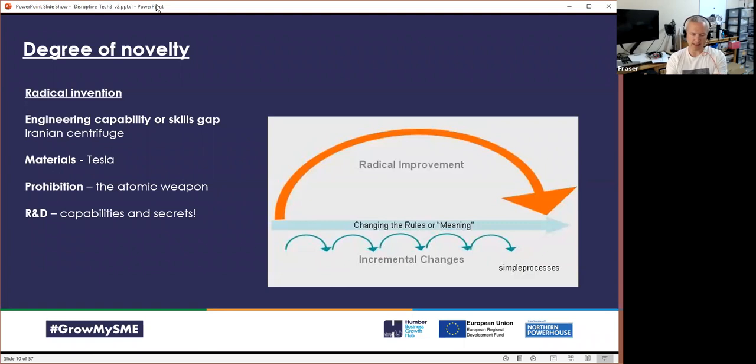I think about Tesla and their need for lithium for batteries, or even battery production. It could be that the innovation you seek is just prohibited. So the atomic weapon, you couldn't actually develop science around it. And indeed, you might have patents and so on, which are insurmountable. So it is very difficult to achieve this radical improvement.